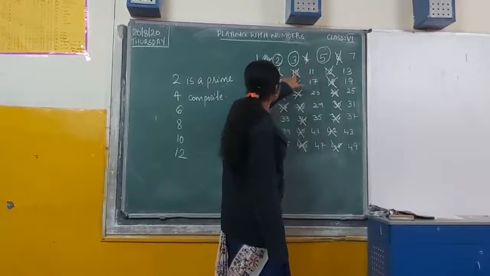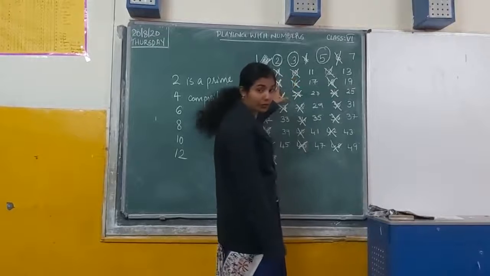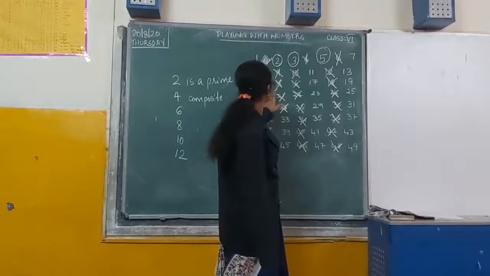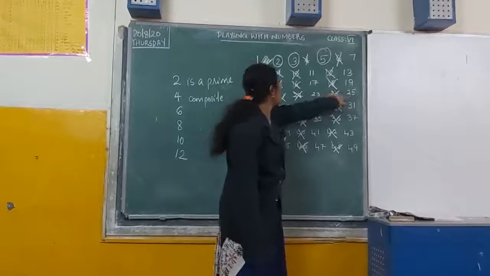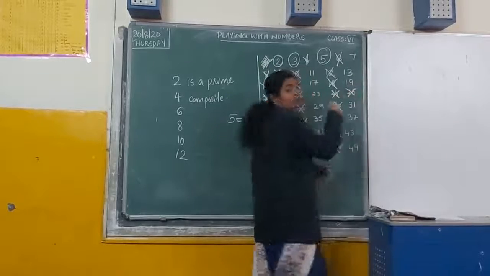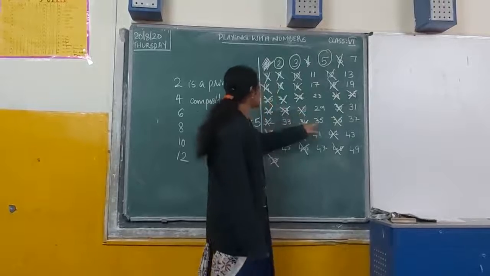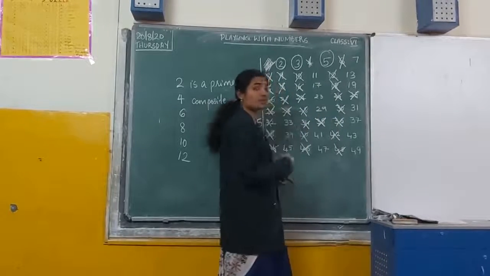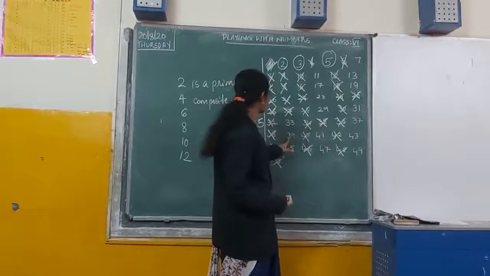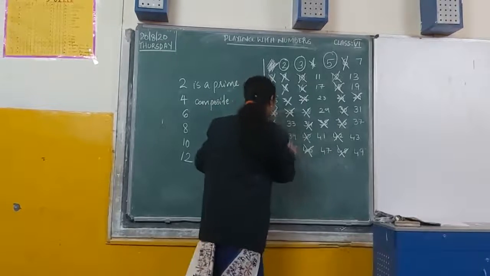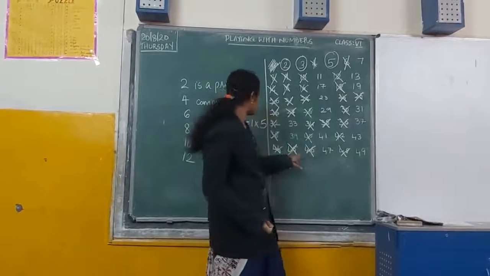See here 5, 10, then 15, 20, 25, cancel it. Next you see 30, 35, cancel it. Next 40, 45, then 50.